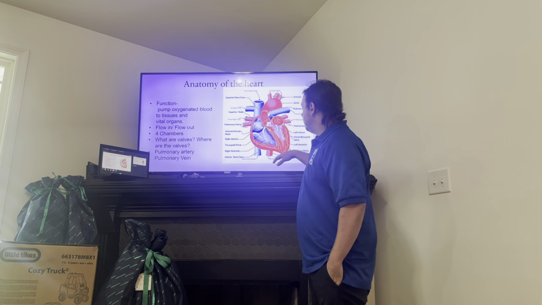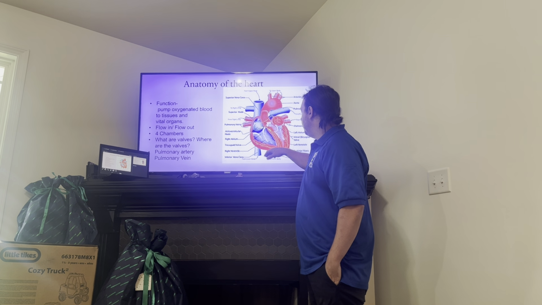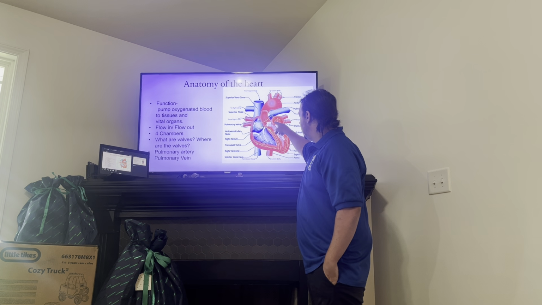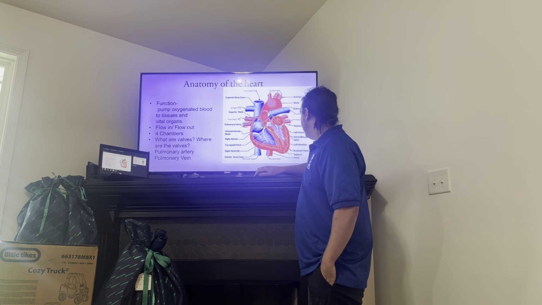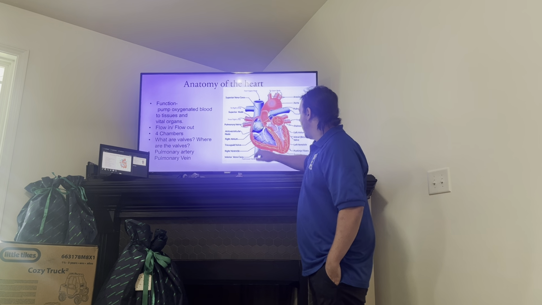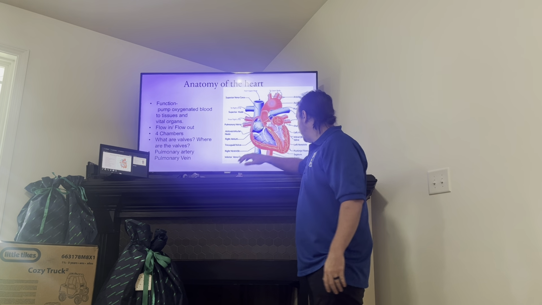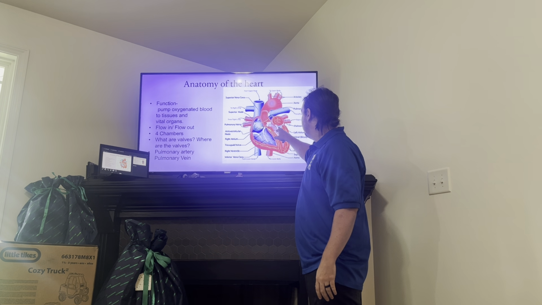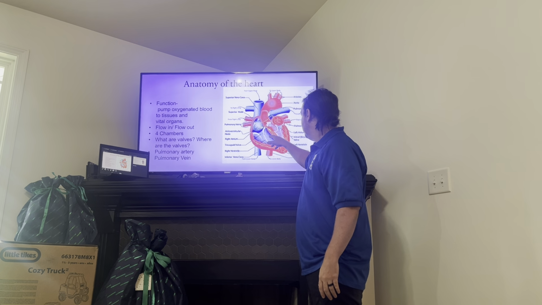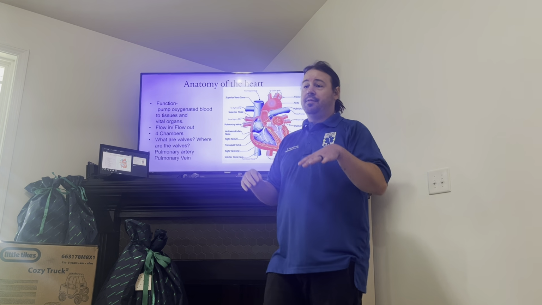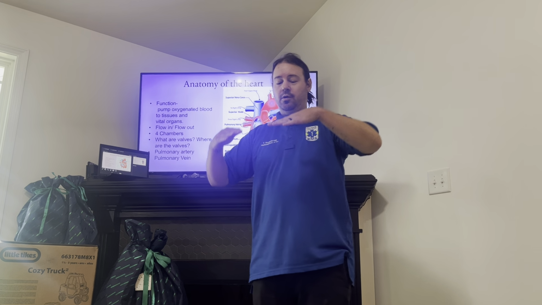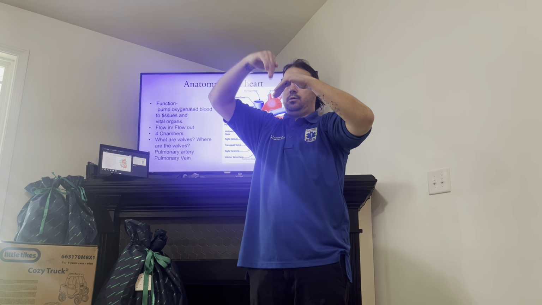So major valves that we're talking about, in between each atrium and ventricle, you'll have valves. On the right side, you have what's called a tricuspid valve. And on the left side, you have right here a bicuspid valve. All that means is the amount of leaflets, right? So think of blood as it's coming downward, right?